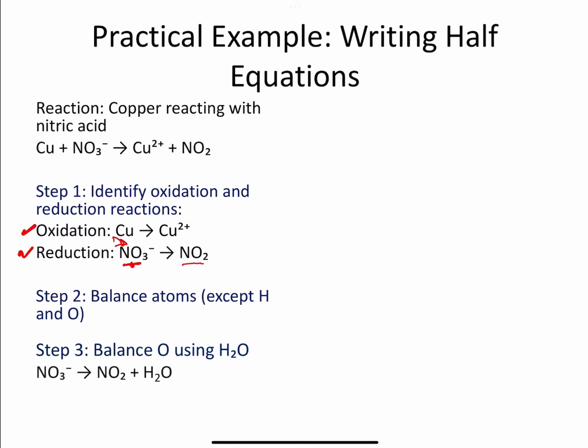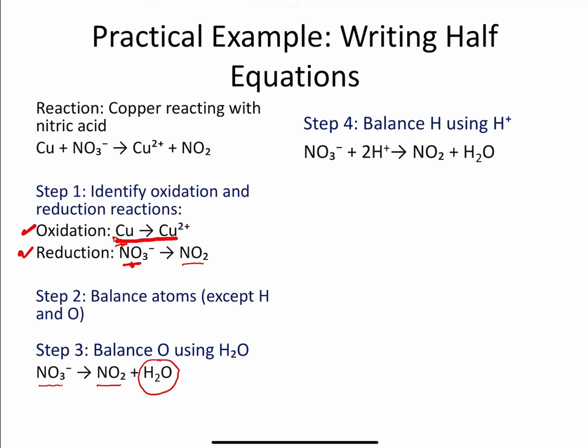Of course, in the copper oxidation step there is no oxygen at all, so we don't need to do that. But for the nitrate, NO3- gave you NO2, so there is one extra oxygen on the left-hand side. So we need to balance this by adding one molecule of water on the right-hand side.